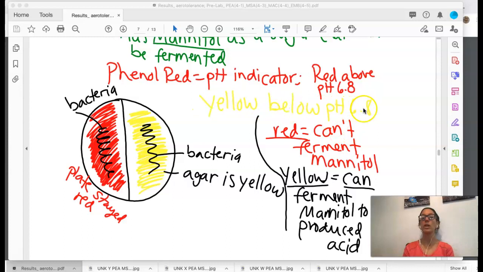The media turns yellow. We will also see bacteria that can grow on mannitol salt, so it is salt tolerant, but the agar will stay red. And if we have good growth and the plate stays red, we know that it is salt tolerant and we know that it cannot ferment the mannitol.